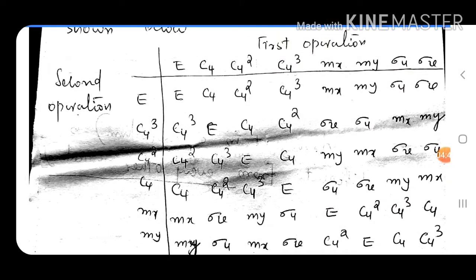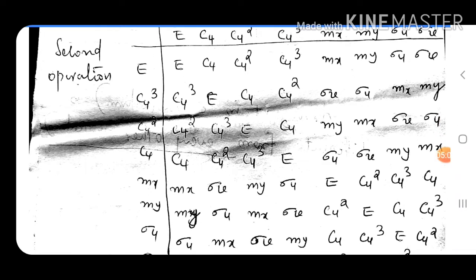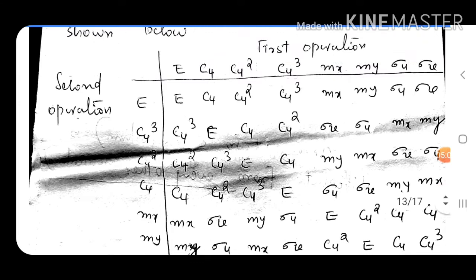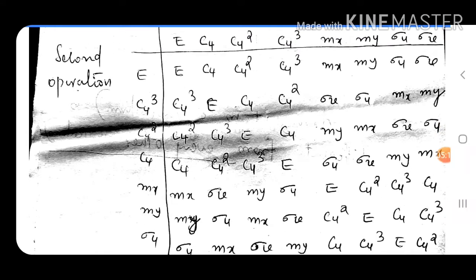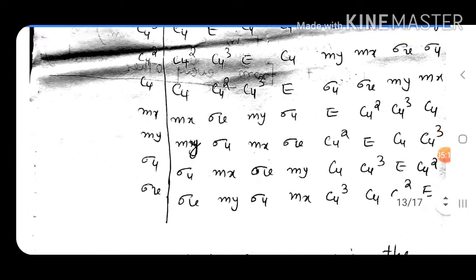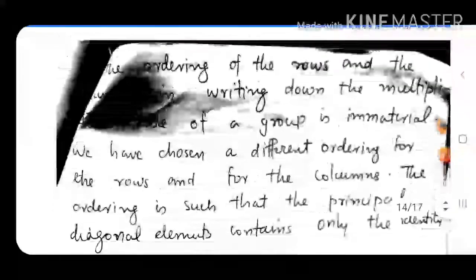So it is very easy for us to identify the inverse of each element. Inverse of C4 cube is C4, inverse of C4 square is C4 square, inverse of C4 is C4 cube. So this way we can very easily identify the inverse of each element. The ordering of the rows and columns is done in such a way that we get E, the identity element, on the diagonal of the multiplication table.